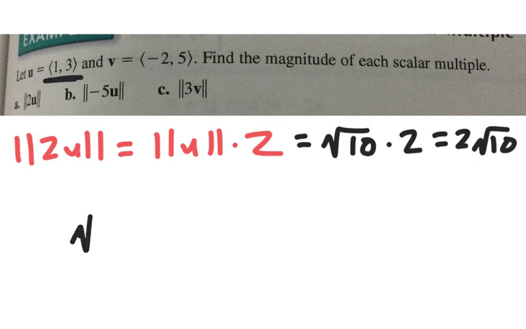That would be the square root of 1 squared plus 3 squared, because my initial starting point is at 0. So I just do 1 squared plus 3 squared. That's how I find the magnitude of u. Does that make sense? Do you have more questions about how I found 2u?